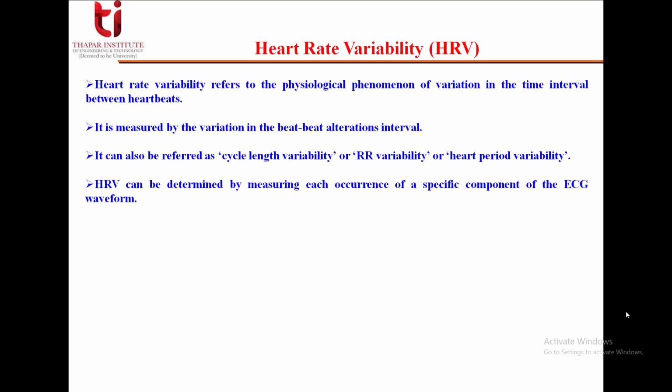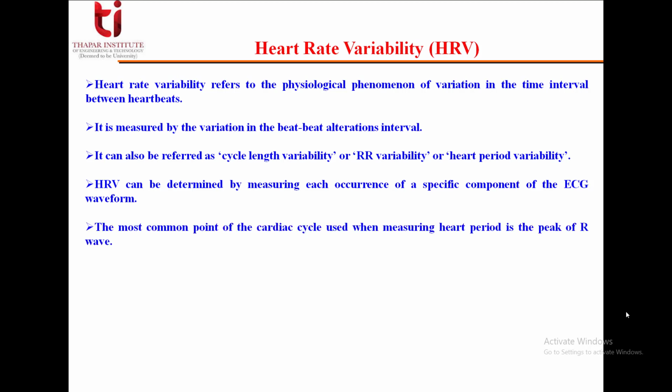HRV, that is heart rate variability, can be determined by measuring each occurrence of a specific component of the ECG waveform. The most common point of the cardiac cycle used when measuring heart period is the peak of the R wave.